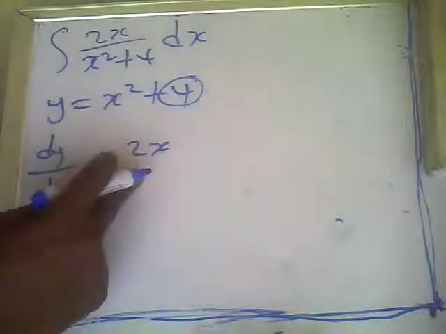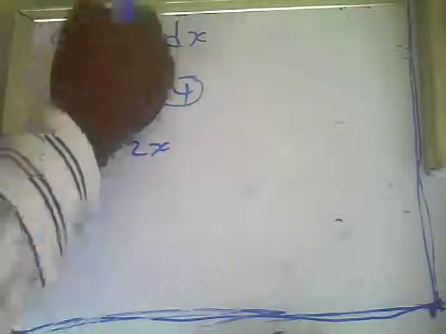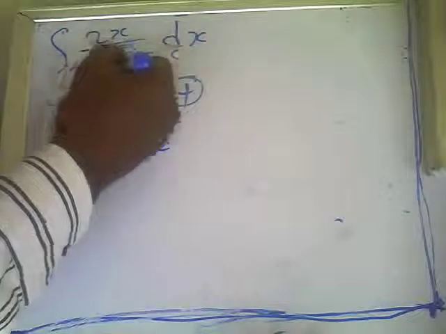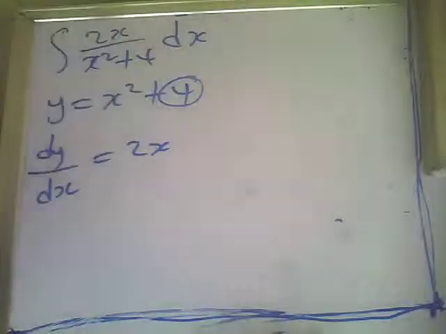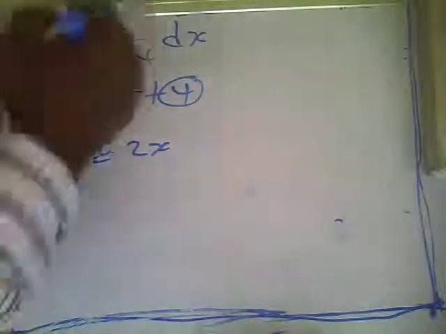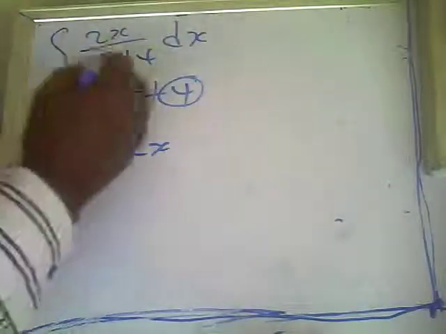So it is obvious now that the numerator is 2x and the denominator is x squared plus 4. You can see the connection between the numerator function and the denominator function: the numerator is the derivative of the denominator. 2x is the derivative of x squared plus 4.